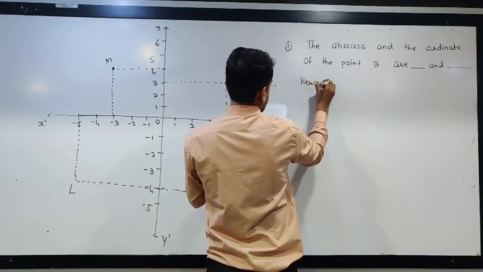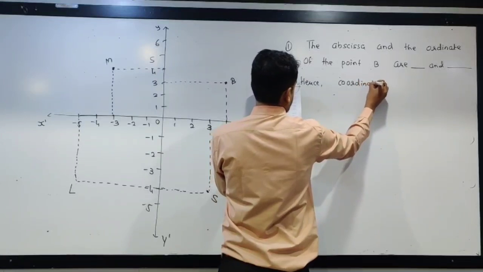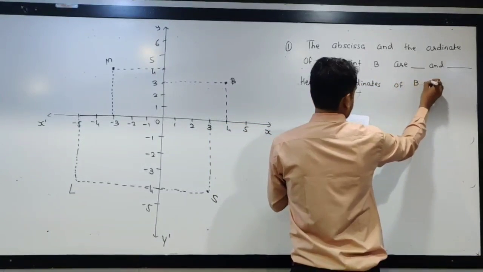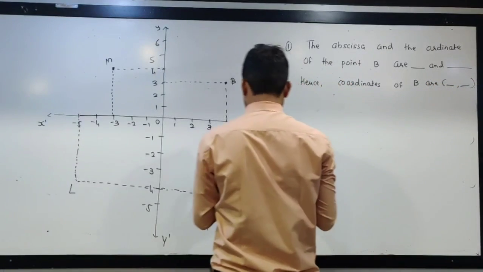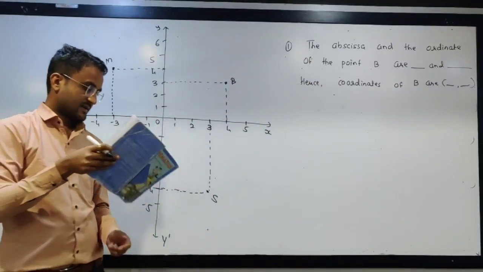Hence the coordinates of B are dash. So this is your first bracket, right?